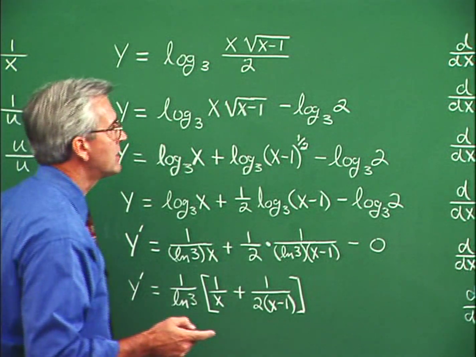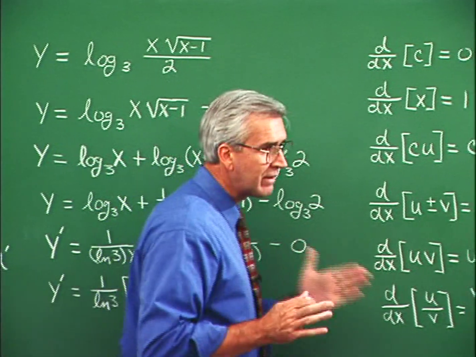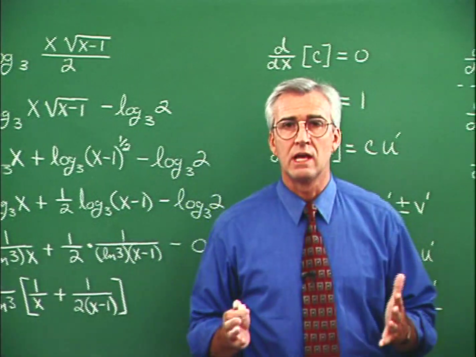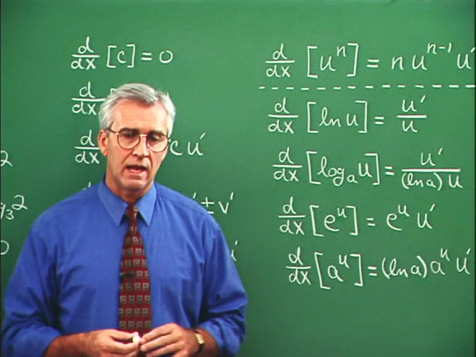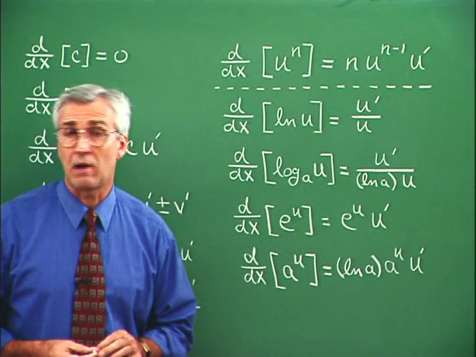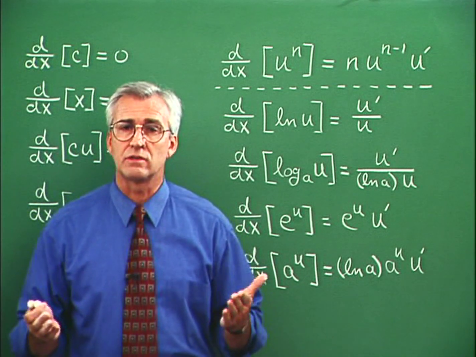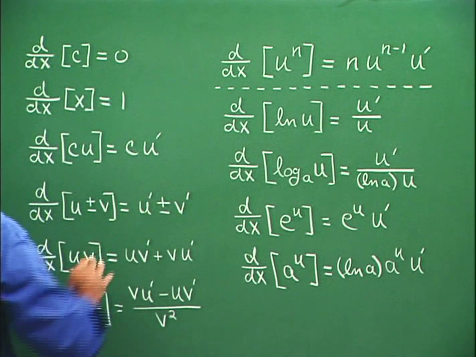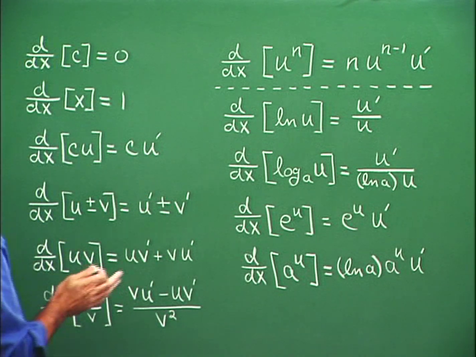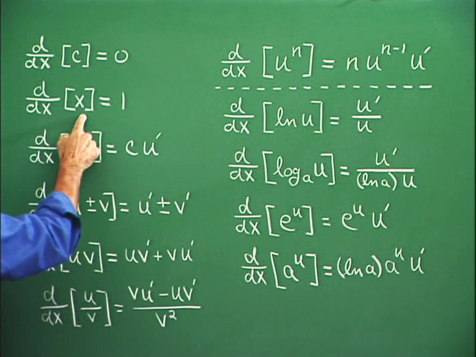I think this would be a good time, because we have looked at so many derivative formulas, to organize the whole thing in one spot. And it would probably be a good idea if you made a list of all of these somehow. Let's look over here first. Now this goes back to the very beginning of our work with derivatives. The derivative of a constant is 0, the derivative of x is 1.